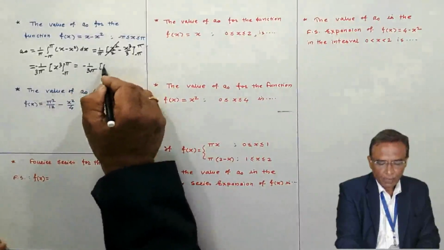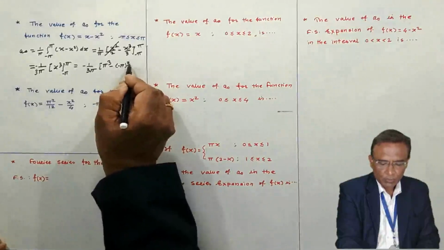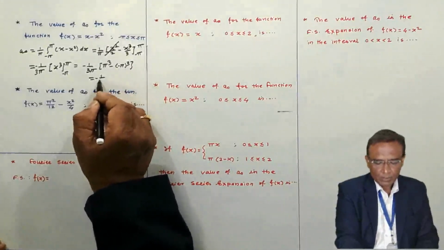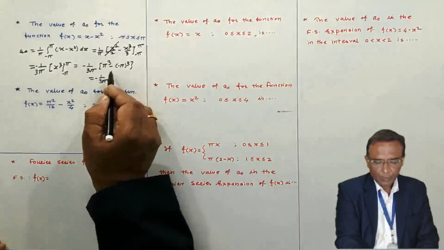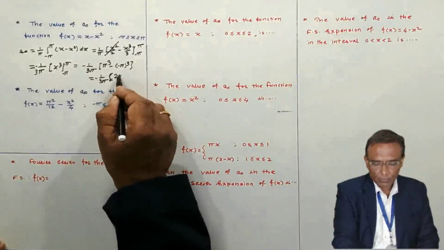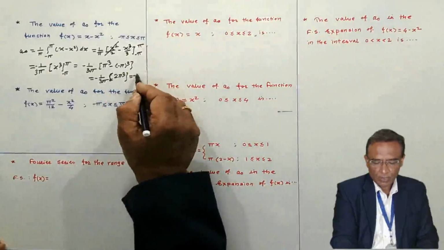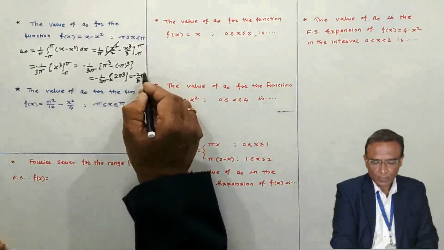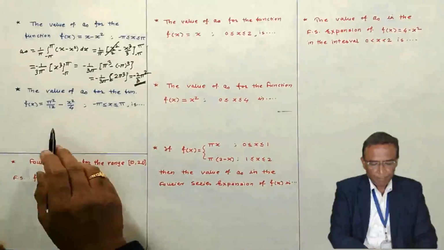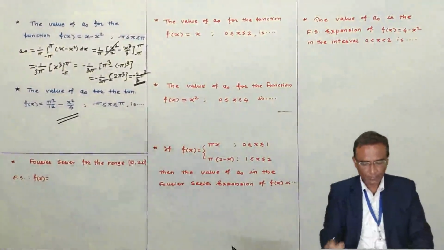Put x equal to pi, pi cube, put x equal to minus pi, minus pi cube. Then minus 1 by 3 pi cube, minus of minus pi cube means 2 pi cube, and here pi square, 1 pi gets cancelled, minus 2 by 3 pi square. This is the value of a0. Here, find the value of a0 for this function.